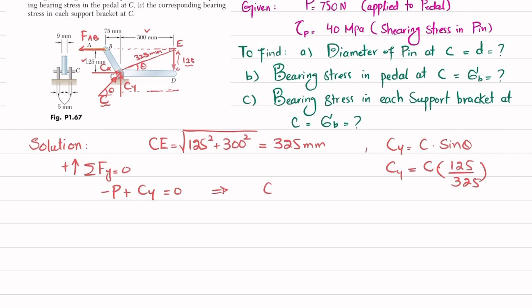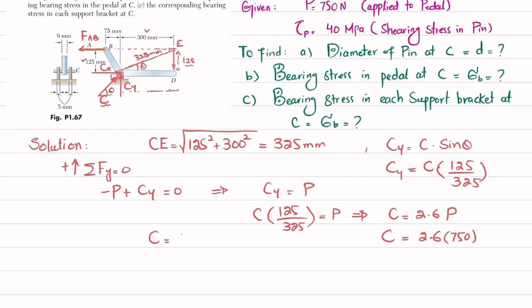From here Cy is equal to P, and since Cy is equal to C into 125 by 325, that is equal to P. So from here you will get C is equal to 2.6 times P. Now you have the value of P, 2.6 multiplied by 750 gives you C. So C will be equal to 1950 Newton.